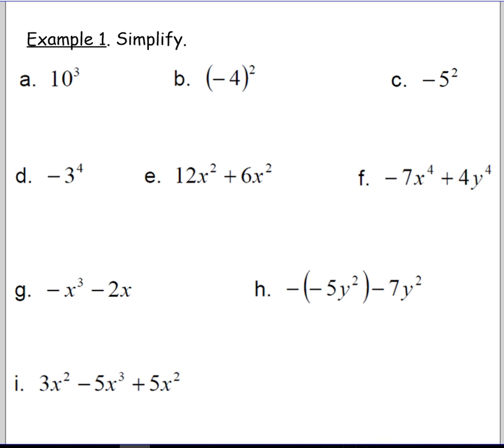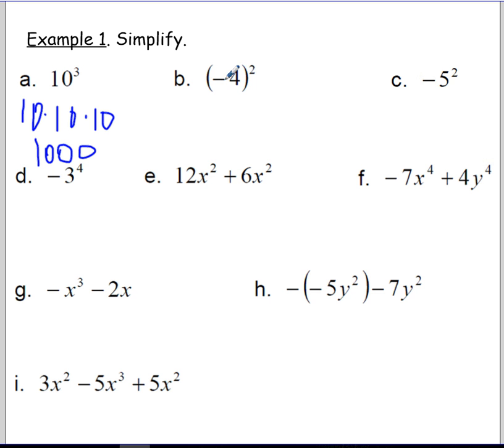So let's take a look at some examples of what we were just talking about. We have 10 to the third power, or 10 cubed here. That's the same as 10 times 10 times 10, which would give us 1,000 when we multiply those 3 together.